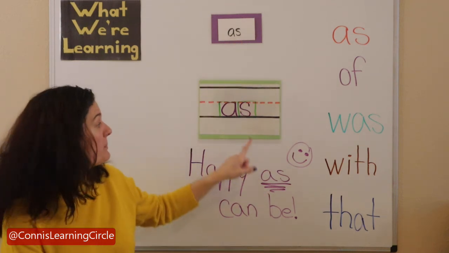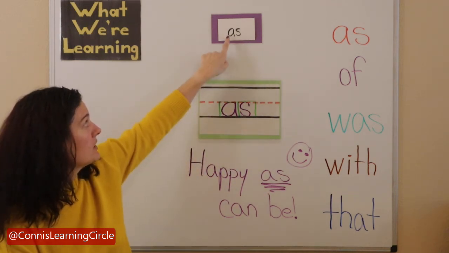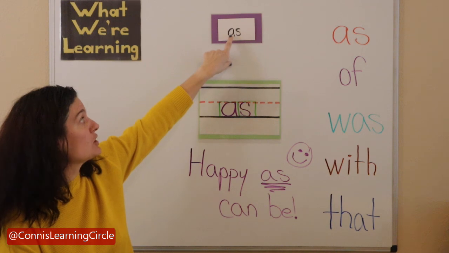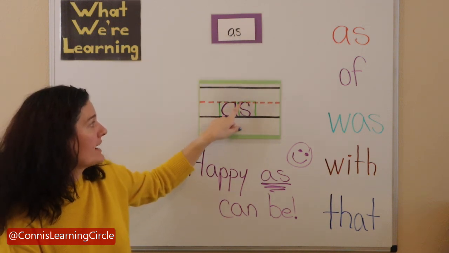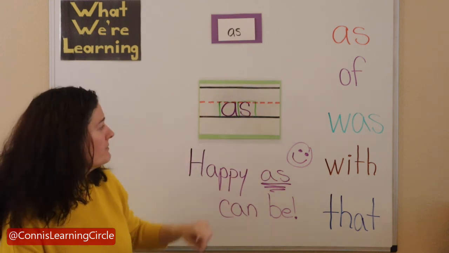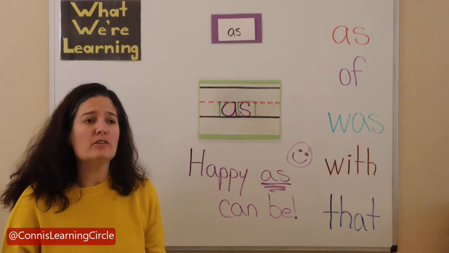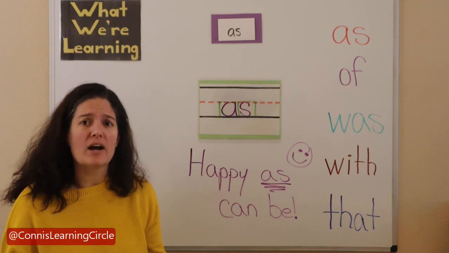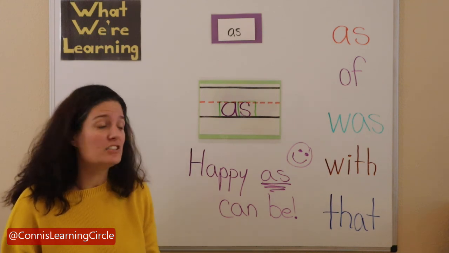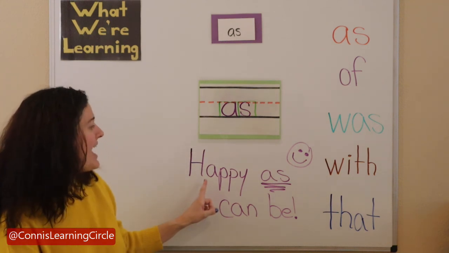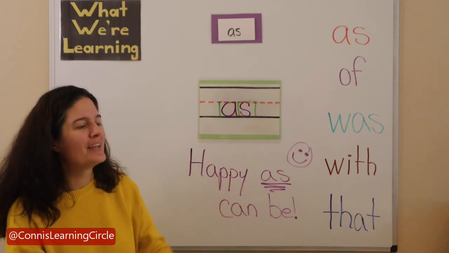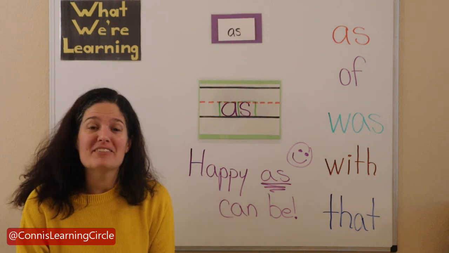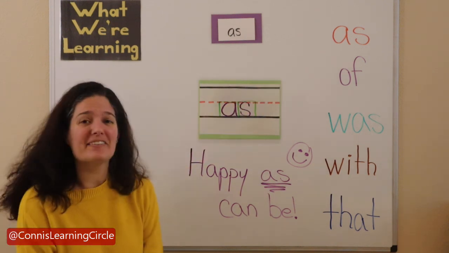And then we were able to put it on our writing line when we looked closer to see that we used 2 short letters to put it on our dotted writing line. And when we knew how to spell it and how to write it, then we were ready to use it in our sentence to say, happy as can be, with our exclamation point. And you helped me find our word as over there.